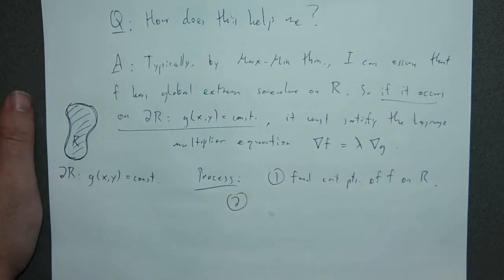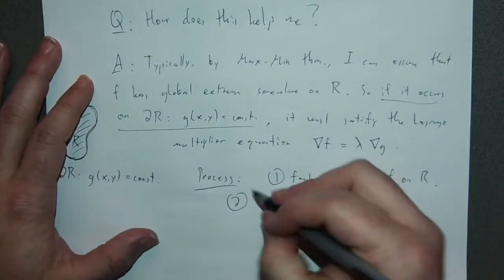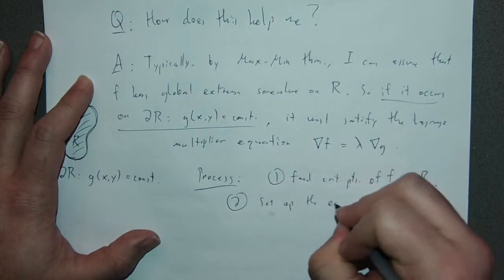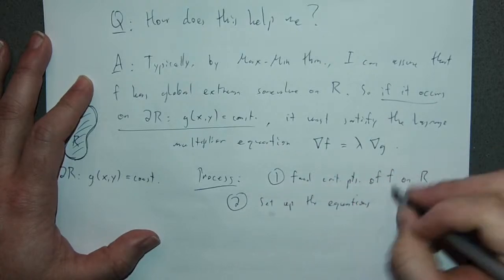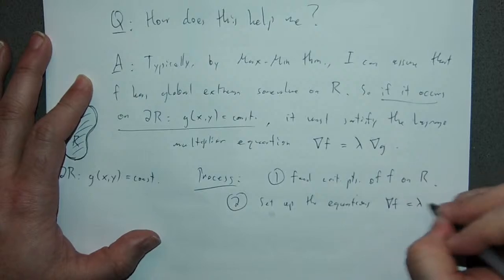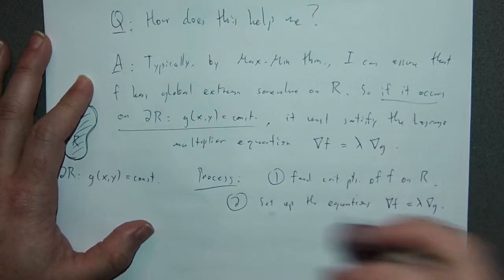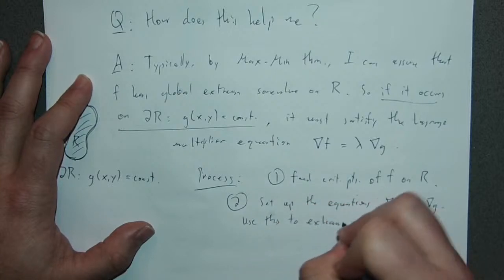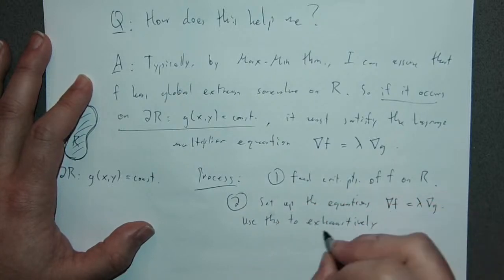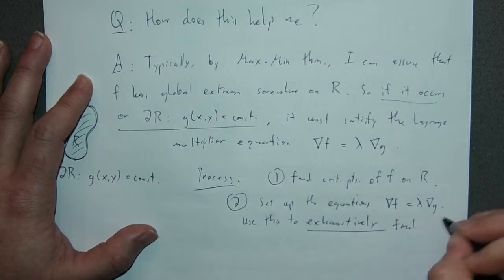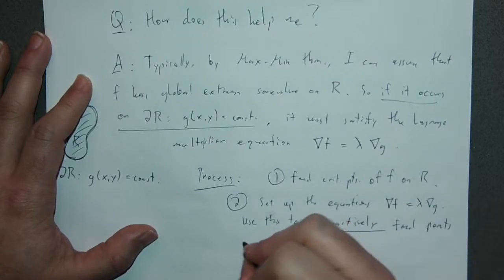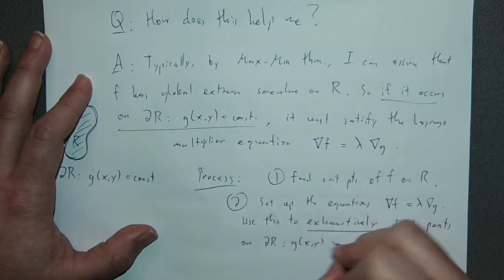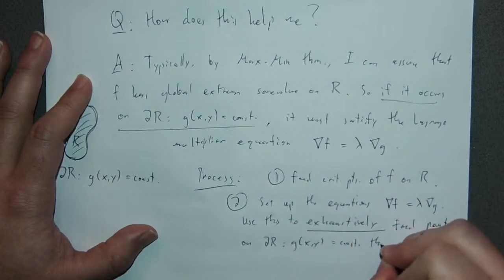Step 2, set up the equations: gradient of f is equal to lambda times gradient of g. Use this to exhaustively, this is the key, find points on del R, which is g(x, y) = constant, that satisfy these equations.